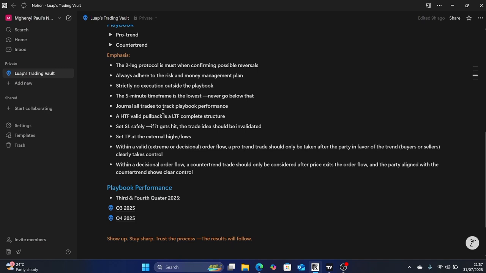I will not take that trade because it's on the first leg. The second leg protocol is a must when confirming possible reversals. According to me, that's a must, but according to True SMC, even the first leg is valid for you to take the reversal.